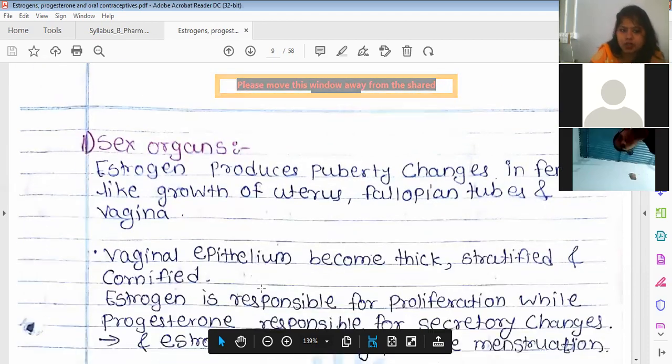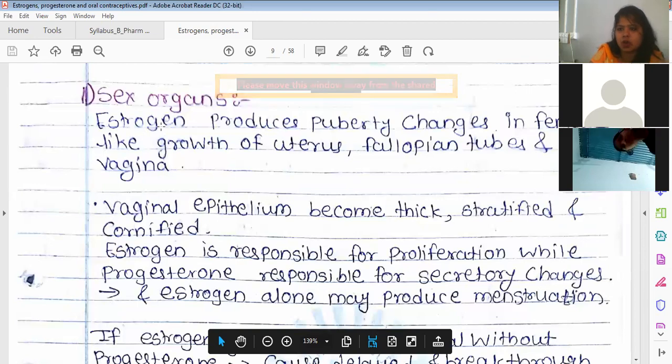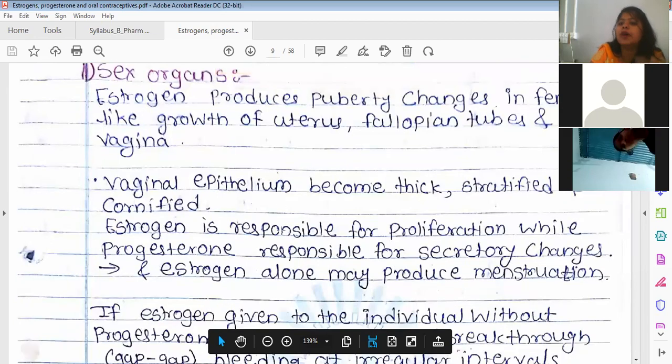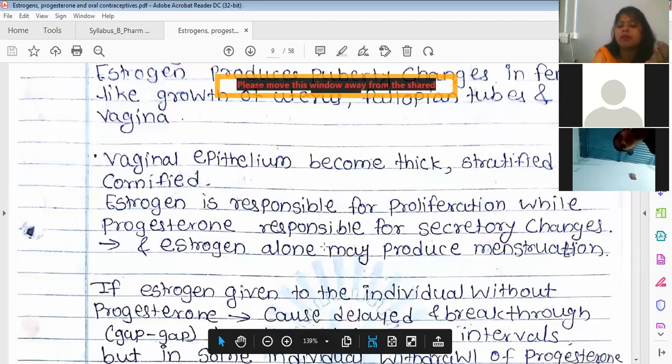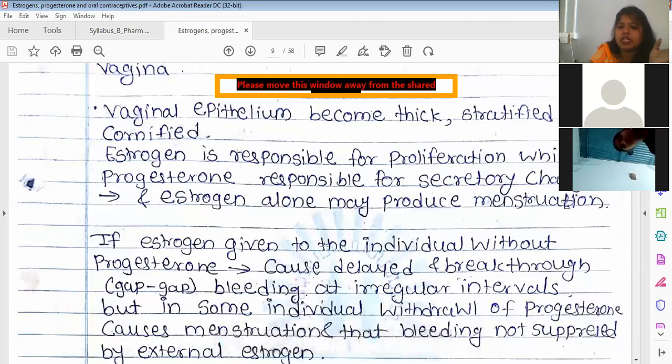If that estrogen receptor is present on the sex organ, then it produces the puberty changes in the female. Means growth of the uterus, growth of the fallopian tubes and development of the vagina. Then the vaginal epithelium becomes thick, stratified and cornified. Estrogen is responsible for the proliferation, while progesterone is responsible for the secretory changes.